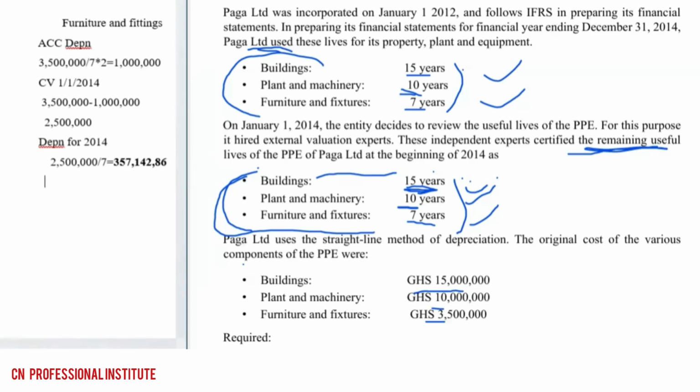So the carrying value of the furniture and fittings, the current value as at the end of 2014, will be the 2,500,000 minus the 357,142.86.